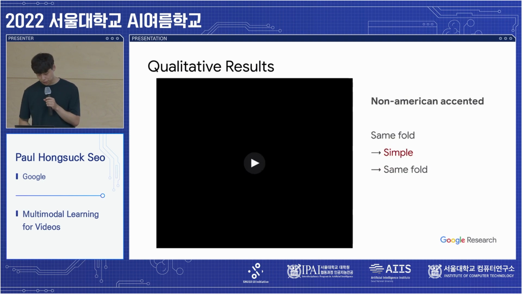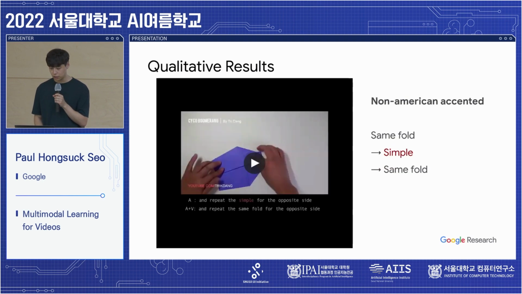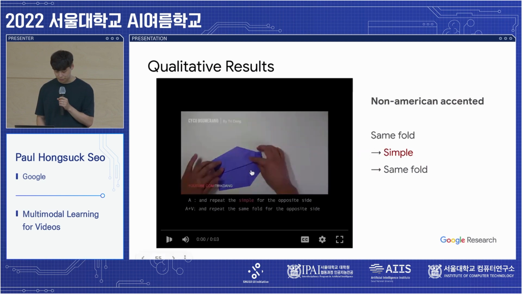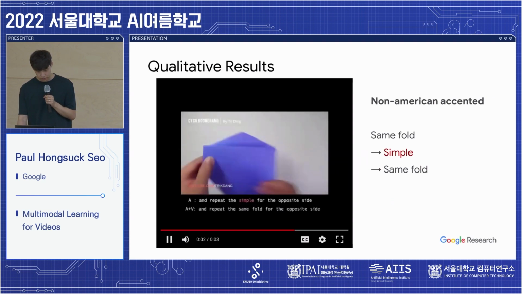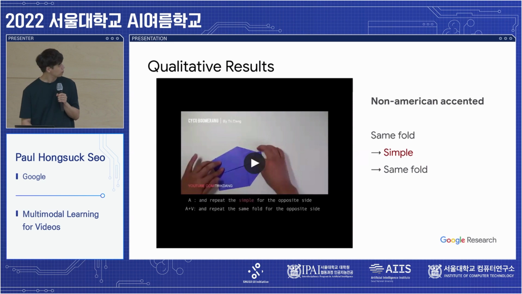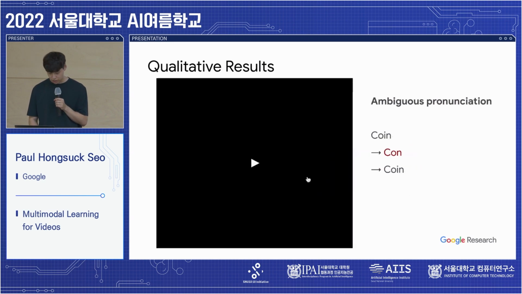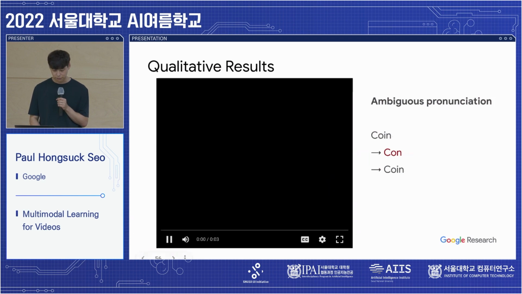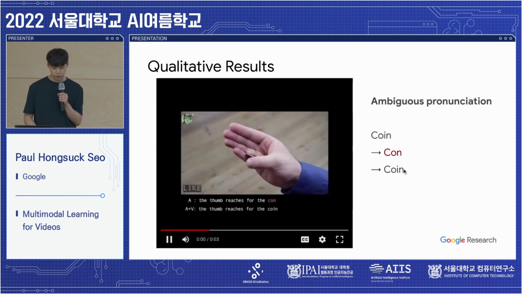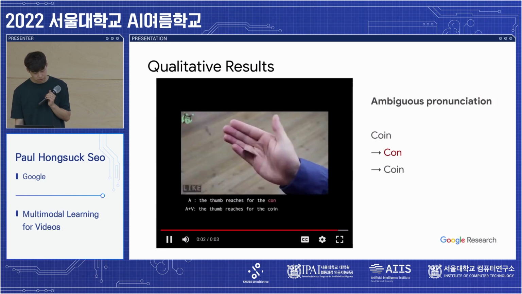And in the second example here, the speaker uses quite a strong non-American accent, and this is the error that the audio-only model makes. And here, the speaker uses quite ambiguous pronunciation, so the model fails. But our audio-visual model reaches for the coin.